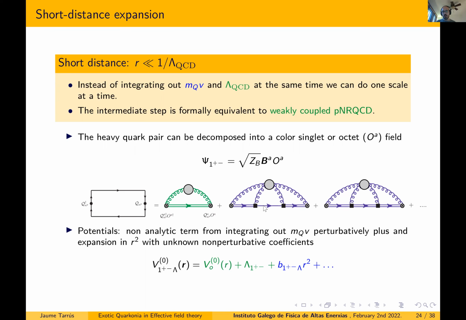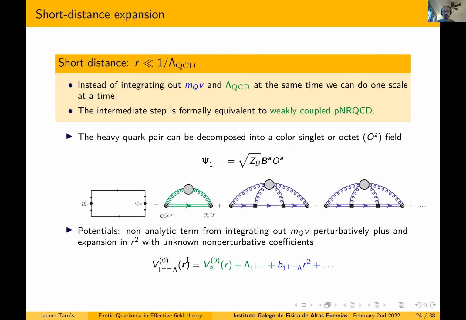Since we need 2 of these interactions, this gives you 2 factors of R, the distance between the heavy quarks, which gives you this dependence here. The non-perturbative correlator of the gluons gives you just a constant, and so on. You can go even to higher orders in the multipole expansion, and you would get higher powers of R squared.